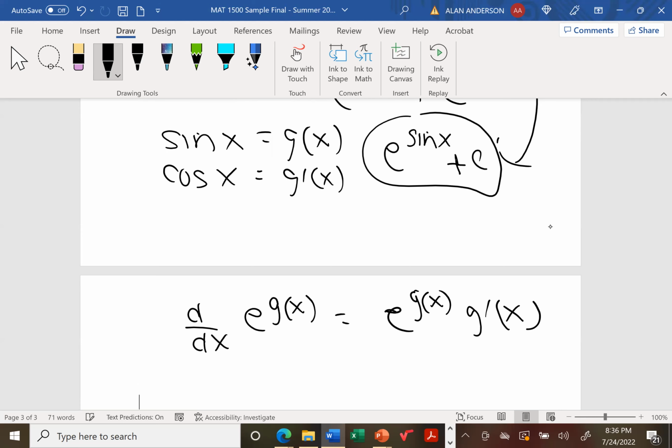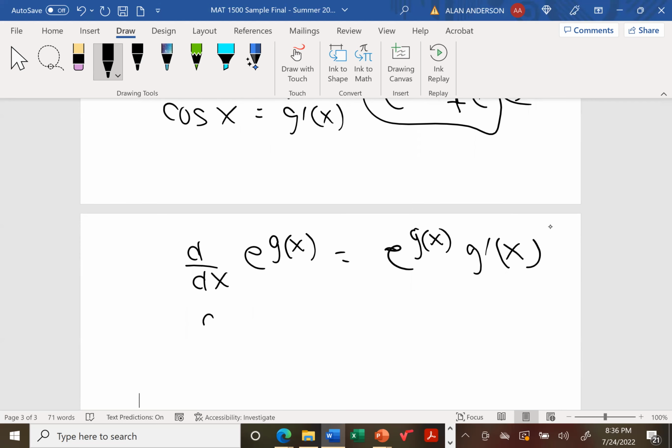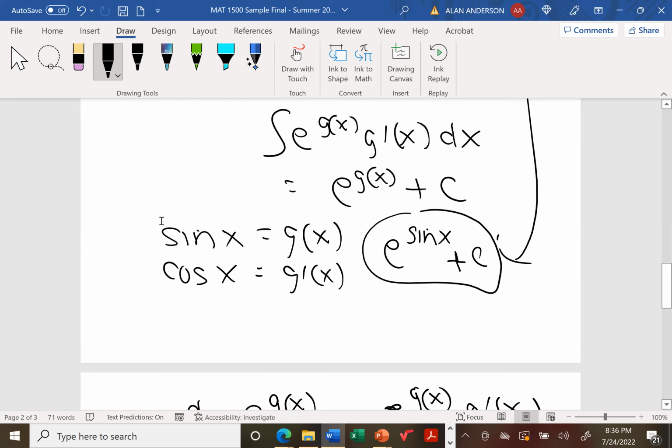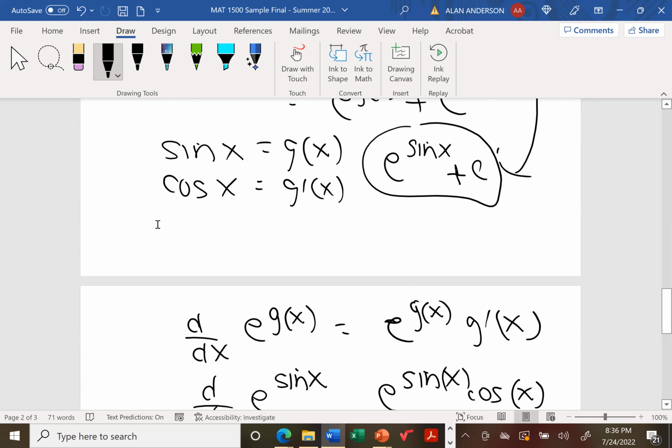So in that case, the derivative of e to the sine x, we don't have to worry about the constant. Obviously, that goes to 0. And that's exactly what we started out with. So that proves that we must have done this correctly.